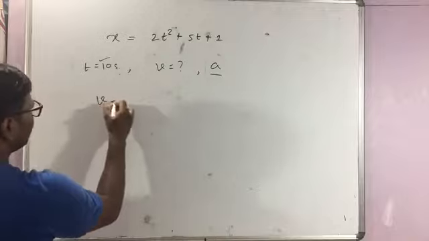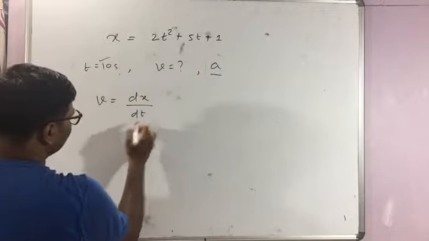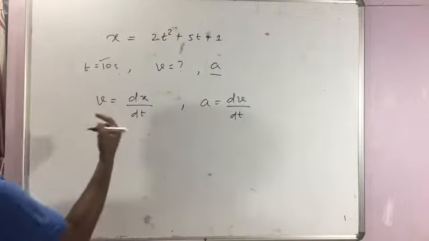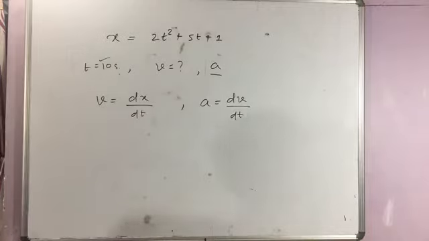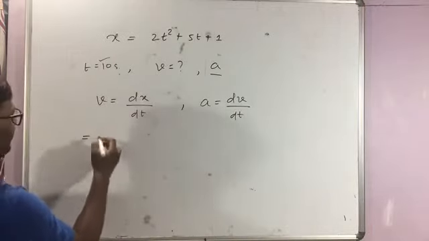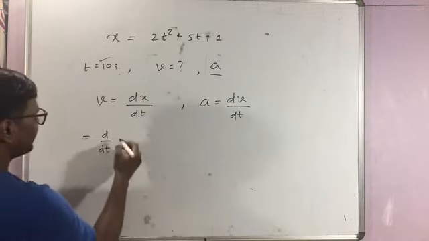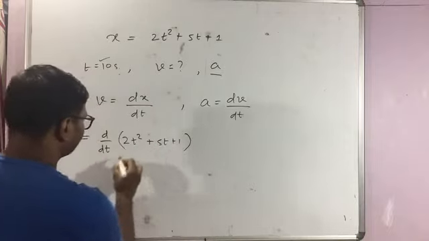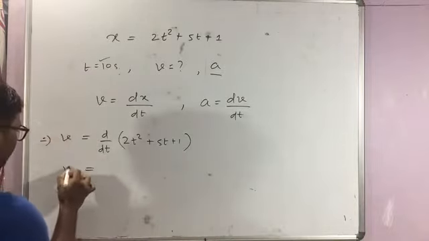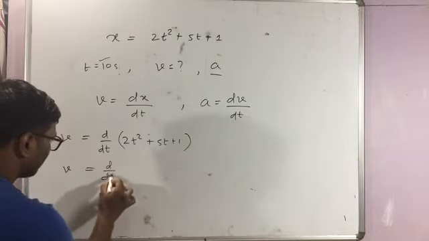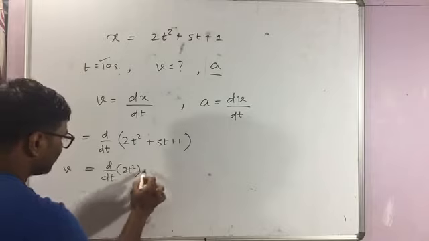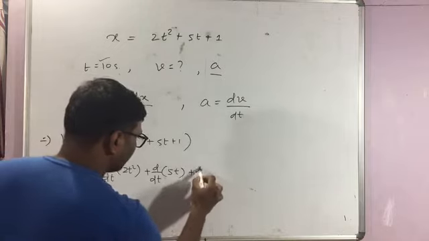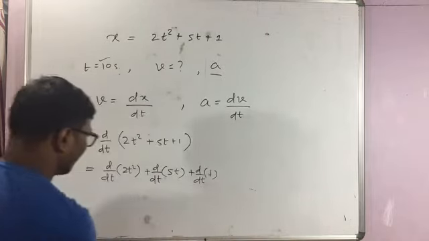The formula for v is dx by dt and a is dv by dt, as we are interested to calculate the instantaneous value. Now you find the derivative of x, which is d by dt of 2t square plus 5t plus 1, which implies v is equal to d by dt of 2t square plus d by dt of 5t plus d by dt of 1.